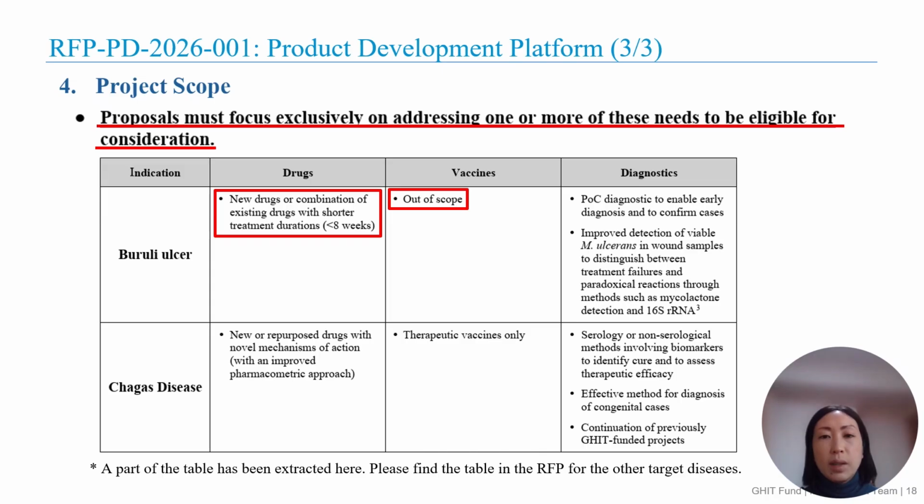For example, in the case of Buruli ulcer, drug proposals targeting shorter treatment durations, less than 8 weeks, are eligible. Vaccine proposals for Buruli ulcer are, however, out of scope. Again, we are just showing an example here. Please review the table in the RFP very carefully before preparing your application.